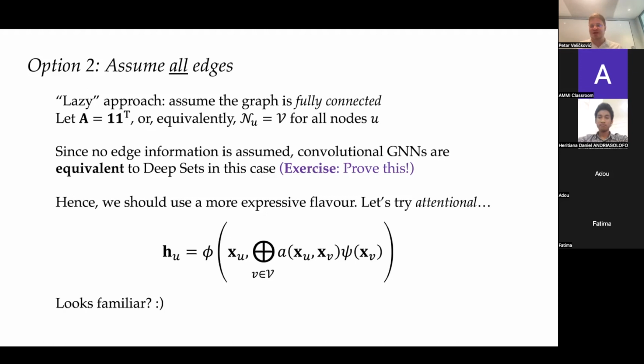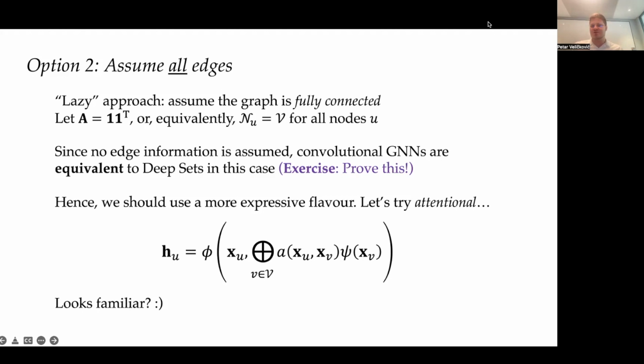And it's a pretty fun exercise to prove this, and I highly encourage you to try to prove that when you assume full connectivity and you use a convolutional GNN with averaging, you will get a model which is equivalent to deep sets. So what this means is with conv GNNs, we are not going anywhere further than deep sets, so we need to try a more expressive flavor of GNNs.